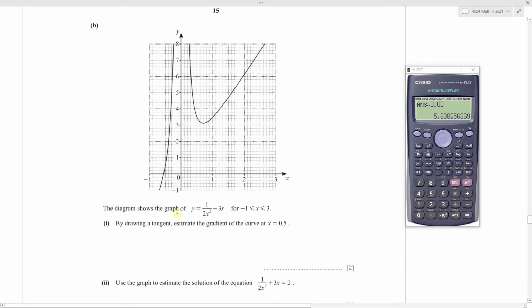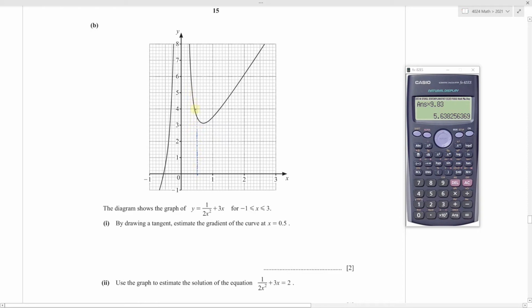Part B: the diagram shows the graph of this equation for this range of x values. Part 1: by drawing a tangent, estimate the gradient of the curve at x equals 0.5. So x equals 0.5 is this value here.